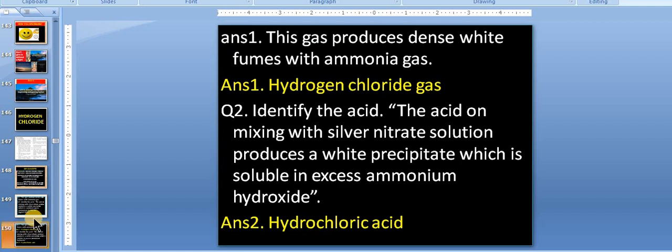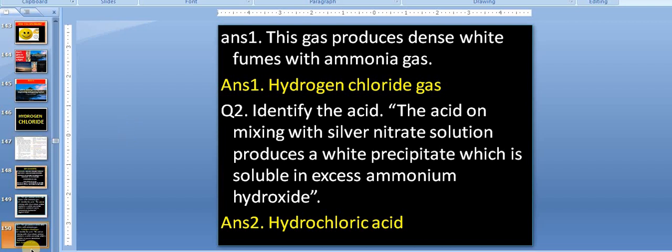You can check your answer. Your answers are absolutely right. Please see 2 answers here. The first answer was hydrogen chloride gas, but in the second, the acid was asked, so you have to write hydrochloric acid.